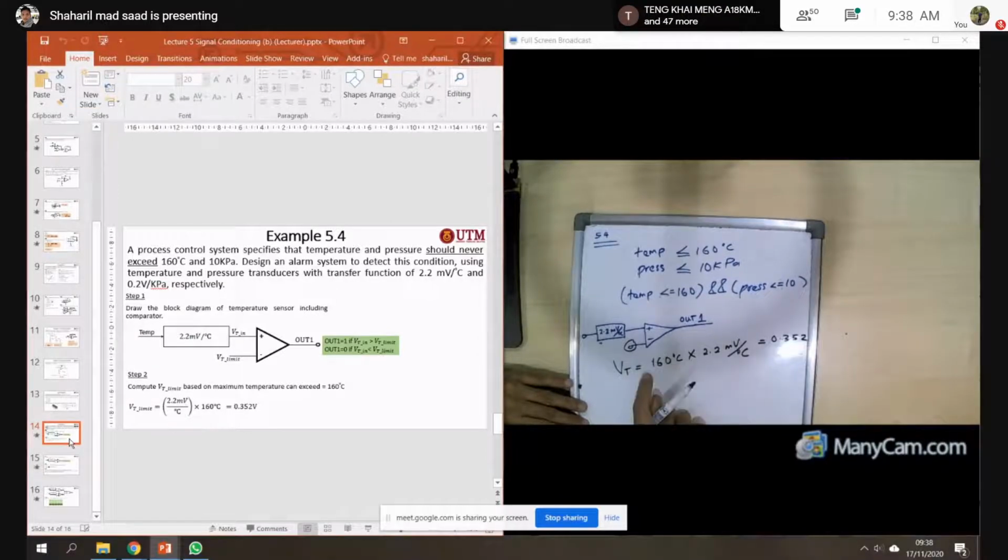160 degrees times 2.2, you get 0.352. Why do I choose 160 degrees? Because I want to fulfill this condition.